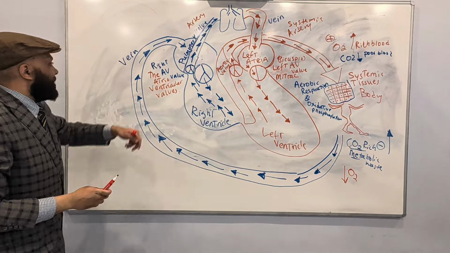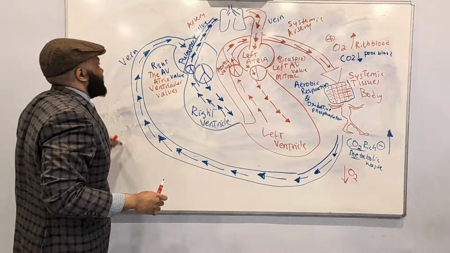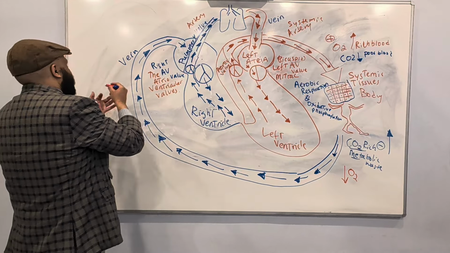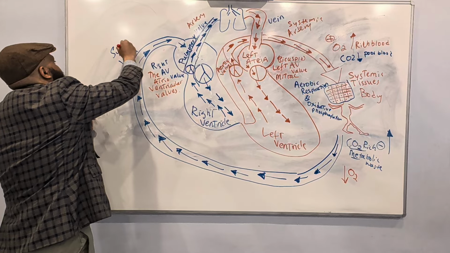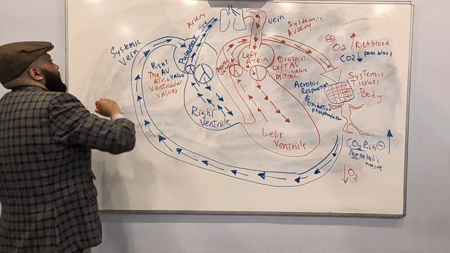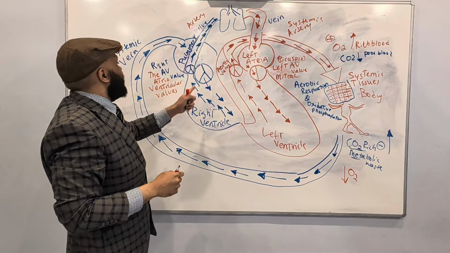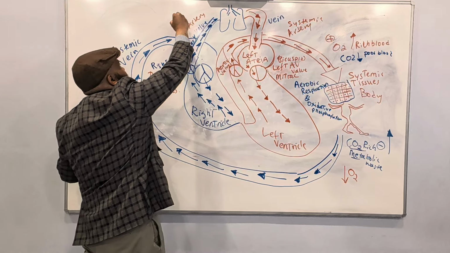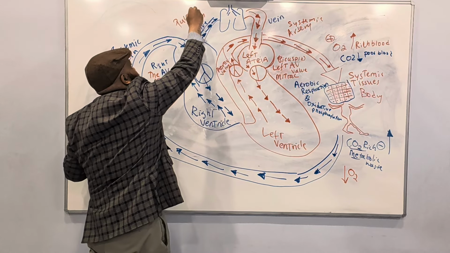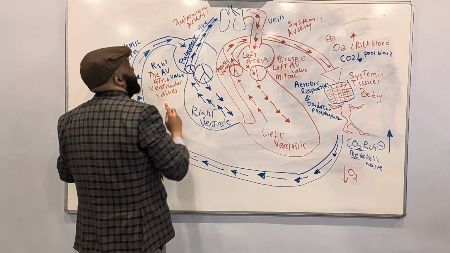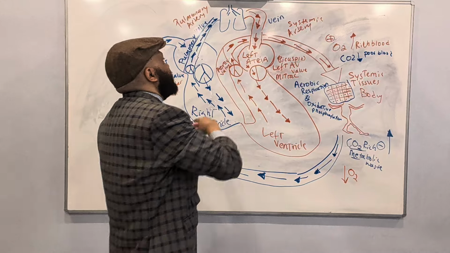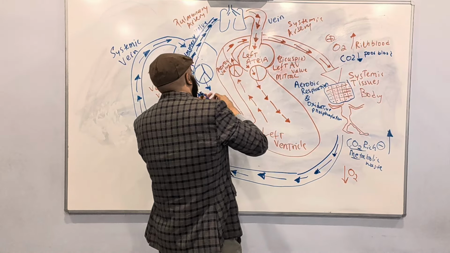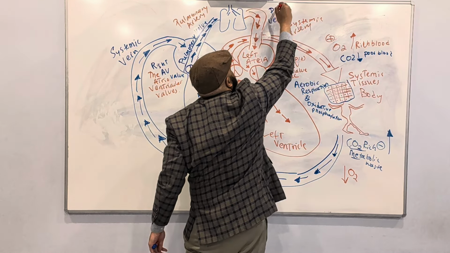And this vein is returning from the system to the heart, so that's the systemic vein. And this artery is going from the heart to the lung, so that's a pulmonary artery. And that's a vein that's coming from the lung to the heart, so that's a pulmonary vein.